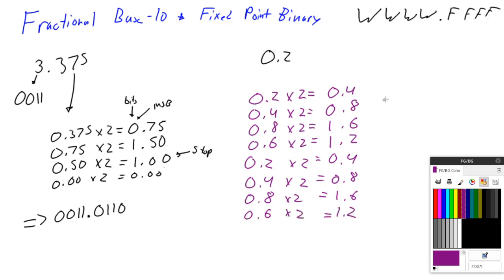It's just going to repeat, so that means that 0.2 in binary is 0.0001100110011 all the way forever. So that is part of the difficulty with dealing with fractional numbers in binary, but just something to be aware of.